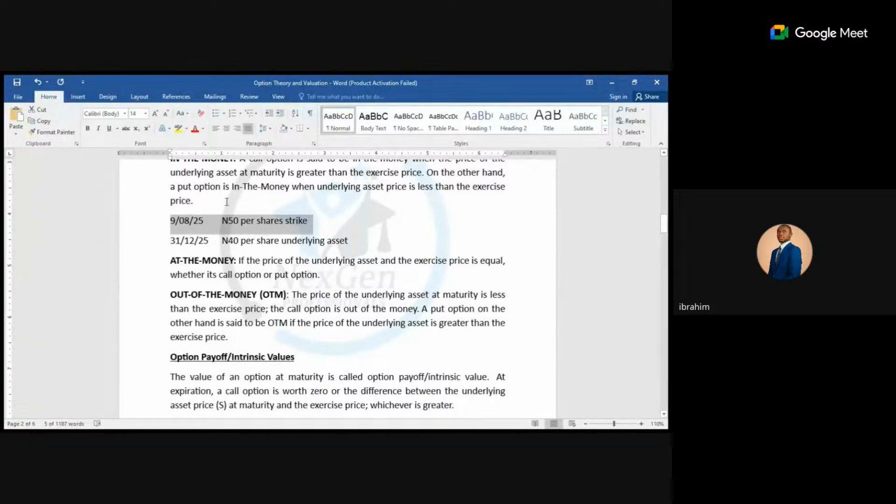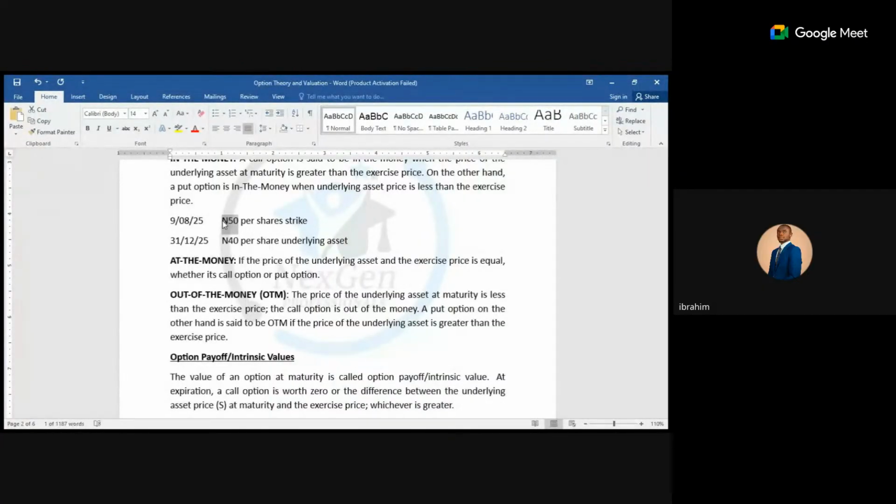Now, the same thing is applicable to the put option, whereby, as of today, you enter into an option agreement with JITCO that you want to sell your shares at a future specified date, maybe at the end of December, because you want to do dirty December, right? Then you want to hedge.